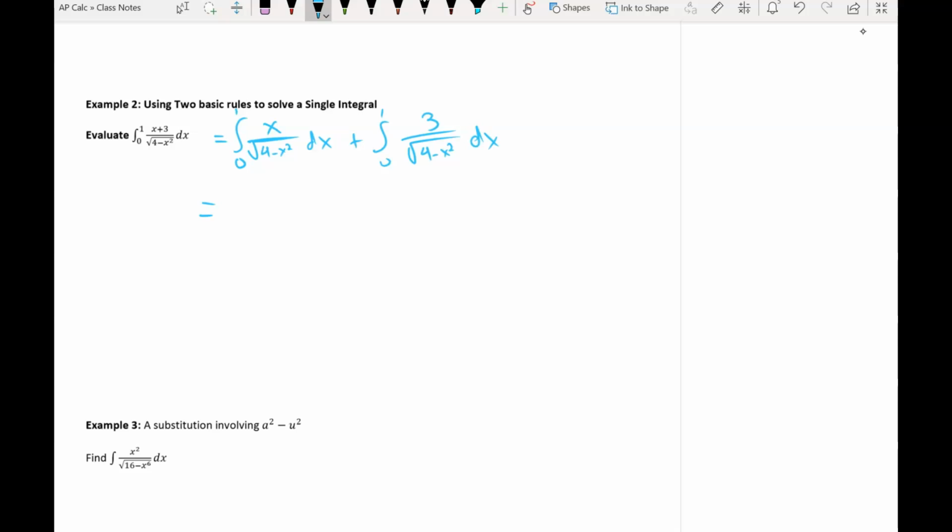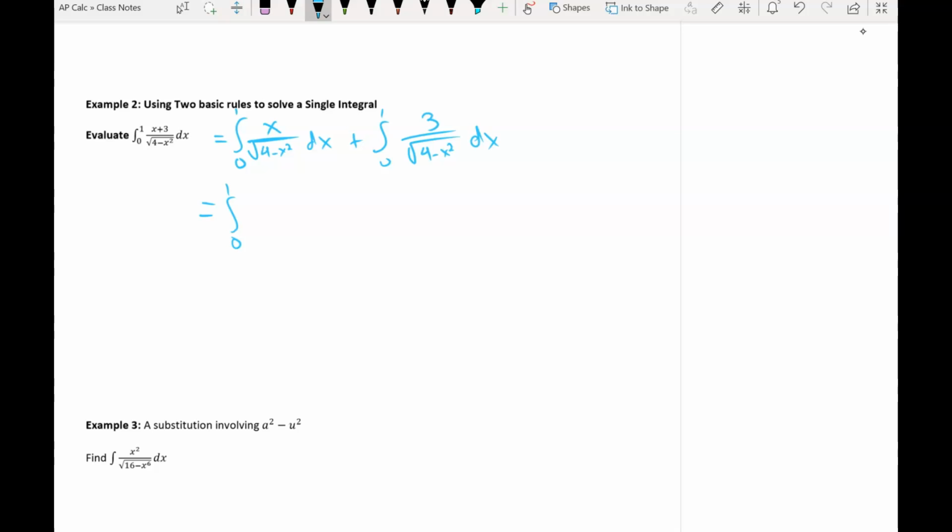Well, how does that help us out? Here's what you're going to want to do. In this right one, you might be able to recognize that one's not too bad. We can maybe make that into a trig type of thing. We'll get to that in a little bit. This first one might be a little trickier to see intuitively what's going on. But what you can do here, you can write this as the integral of 0 to 1, and then I have a square root in the denominator.